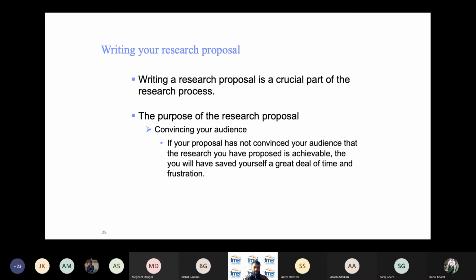Can you please note down this structure? Okay. This is the structure of your research proposal.